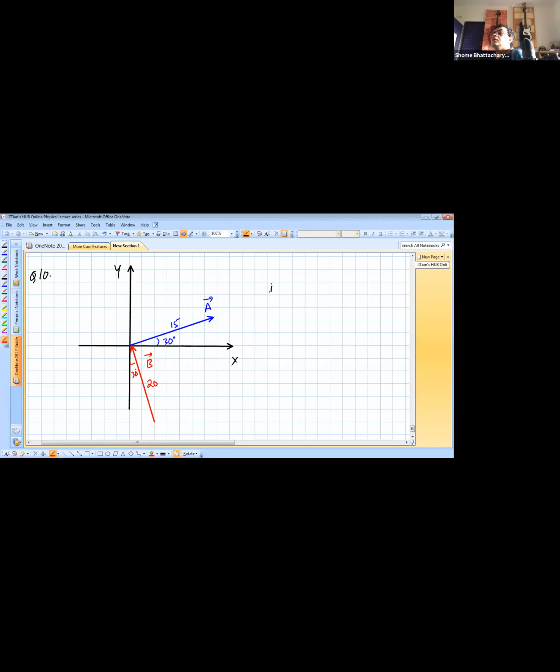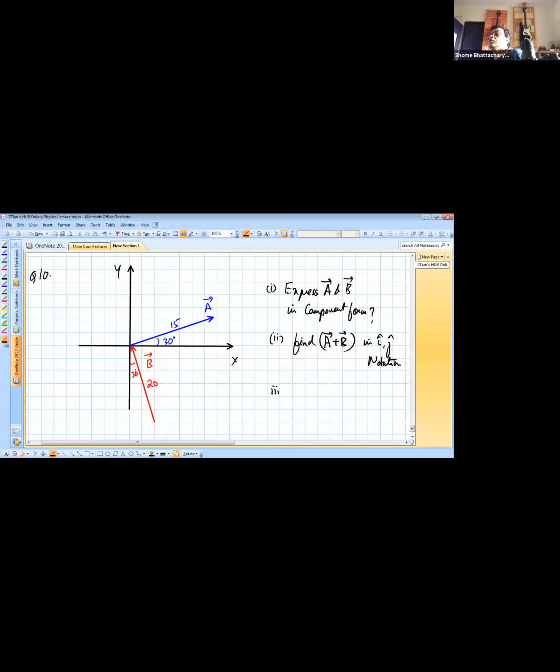So the first part, express vectors A and B in component form. Second part, find the resultant of A and B in I cap, J cap or component notation.